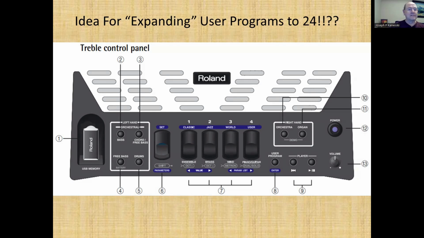Now, there's a caveat here. The caveat, there's a couple actually. One is you can't make a whole lot of changes simply by doing that. You're either turning the accordion on, off, orchestral on or off, and organ on or off. And you can't mix and match these, right?